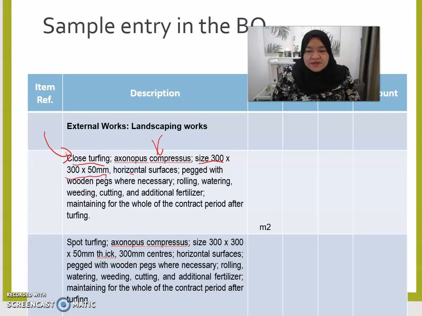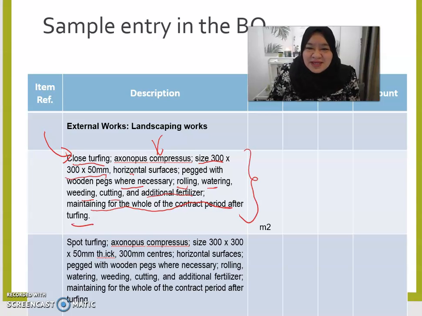Okay, horizontal surfaces, packed with wooden pegs where necessary, rolling, watering, weeding, cutting, and additional fertilizer, maintaining for the whole contract period after turfing. And the unit is in meters square.